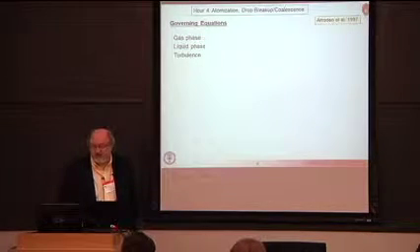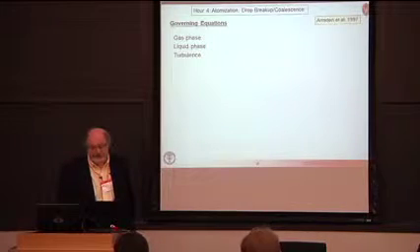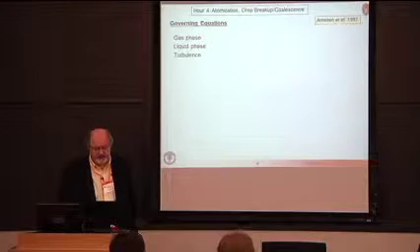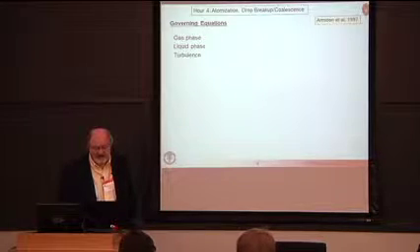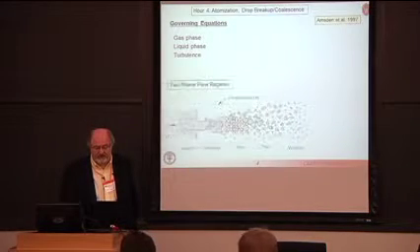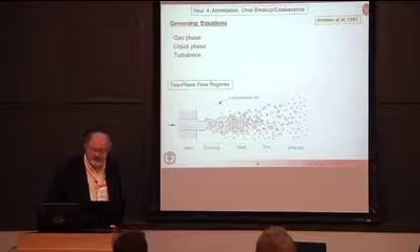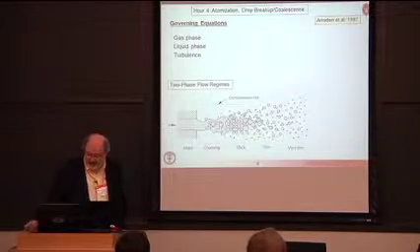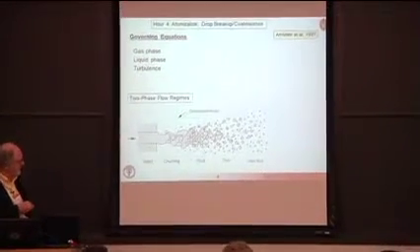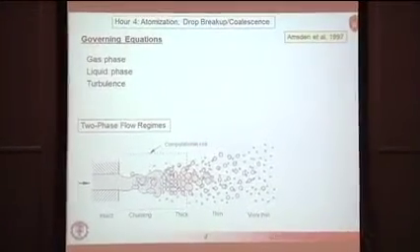Okay, so let's see how we would go ahead here. We're interested in a multi-phase flow problem. We have the gas phase, and then we're spraying a liquid into that gas phase, so we're interested in describing the liquid phase. And then, as always, since engine flows are generally turbulent, we have to deal with turbulence. If you look at the two-phase flow regimes that are encountered in a typical diesel application, for instance, you have an injector nozzle here where you're injecting some liquid. It's close to the nozzle, very optically dense.